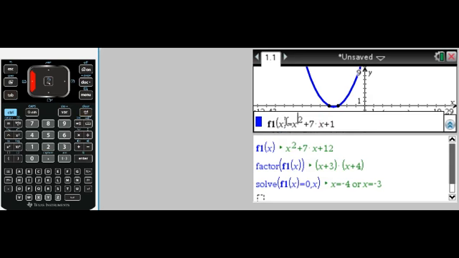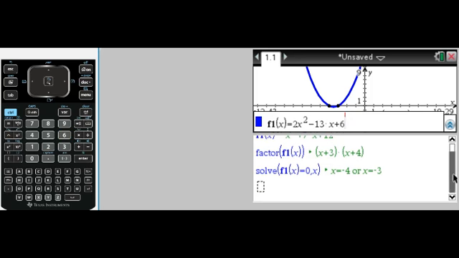So for example, let's take a look at 2x squared minus 13x plus 6. Here we had something that was not monic, and we can't easily divide out the 2 and force it to be monic.